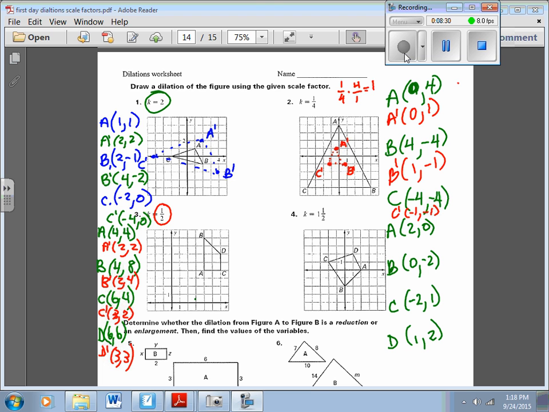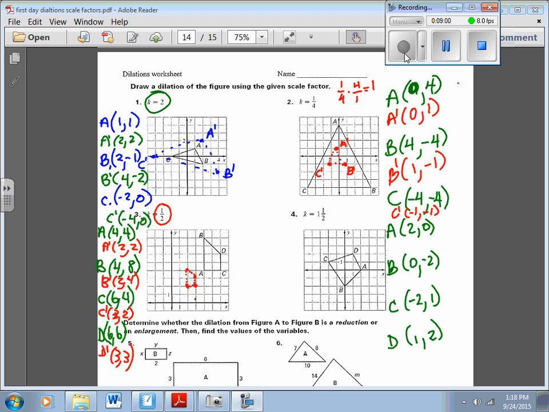So my coordinates: 2, 2, 2, 4, 3, 2, and 3, 3. So the image got smaller again.